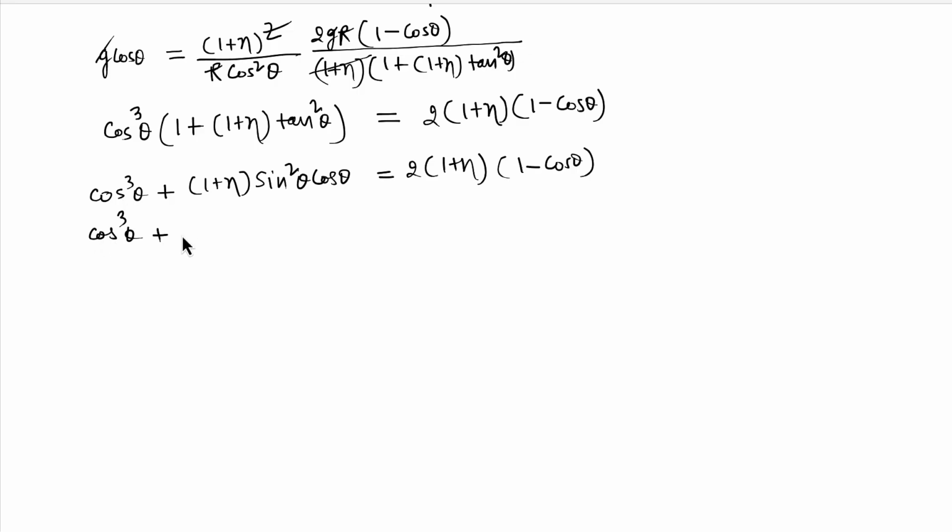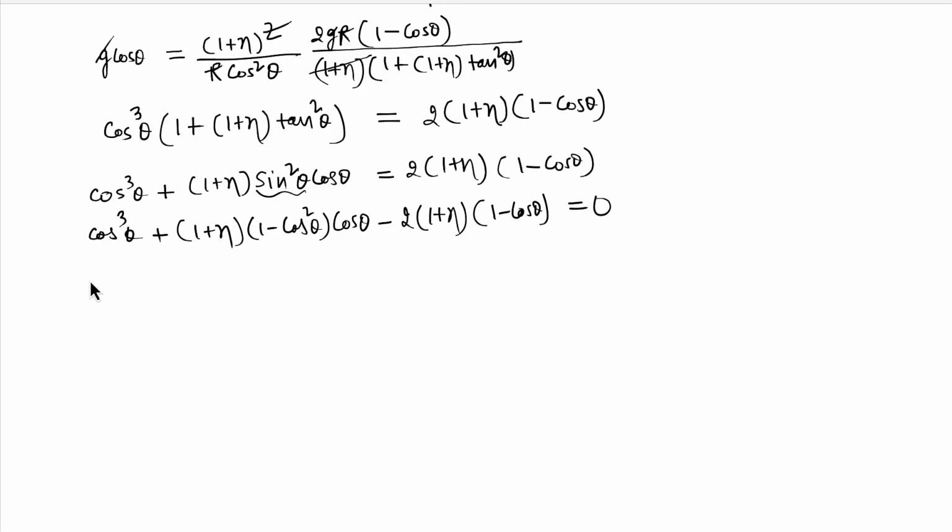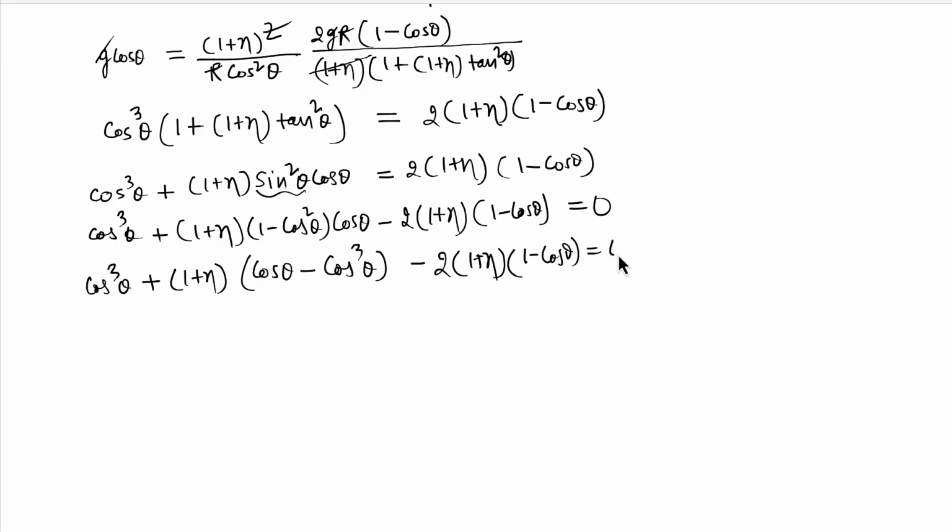Cos cube theta plus (1 plus eta), we can write this as (1 minus cos square theta) cos theta, and then minus 2(1 plus eta)(1 minus cos theta), and that is equal to 0. Okay, now let's just further simplify it. So we can take (1 plus eta) as common, and then cos theta minus cos cube theta, okay, minus 2(1 plus eta)(1 minus cos theta) equal to 0.